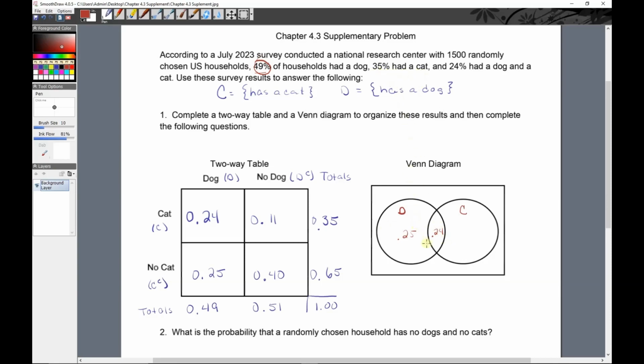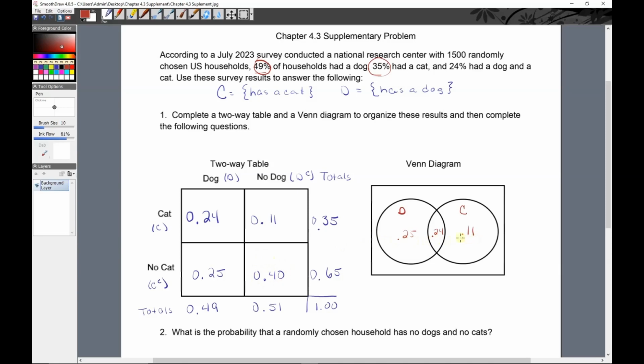35% had a cat. We know 24% of it. That means this has to be 0.11, because those two things add up to 0.35. So all we have to do now is get the fourth joint probability, which we know to be 0.40. But let's pretend we just don't know that.